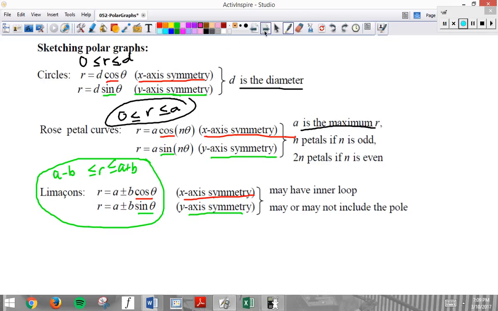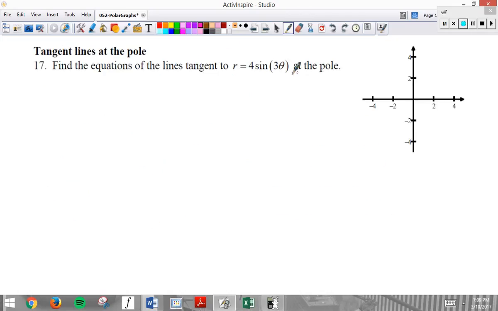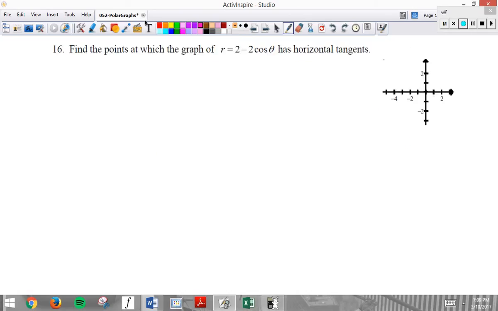It's a butt shape. 2 minus 2 cosine theta. Theta equals 0, here we get the pole.